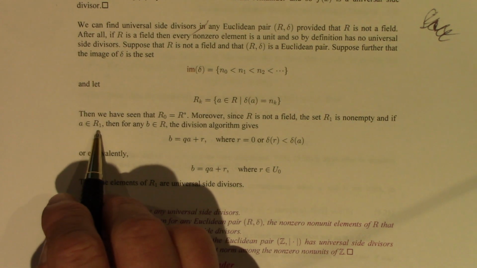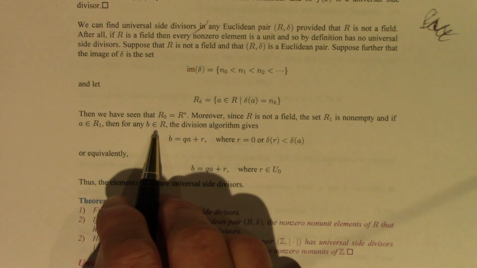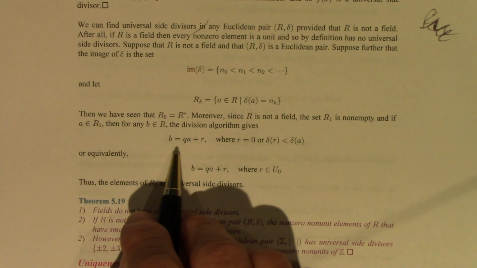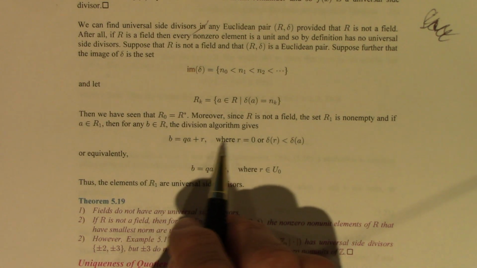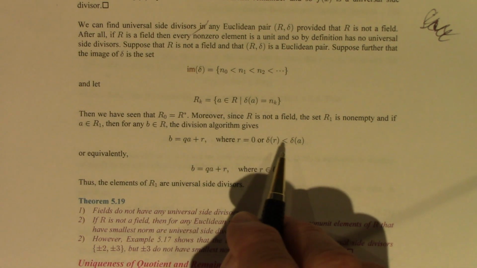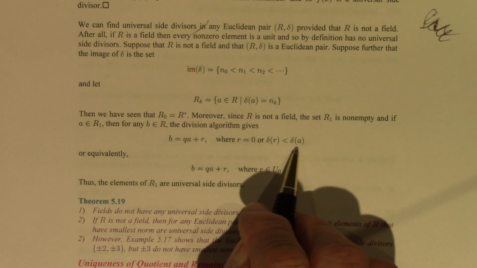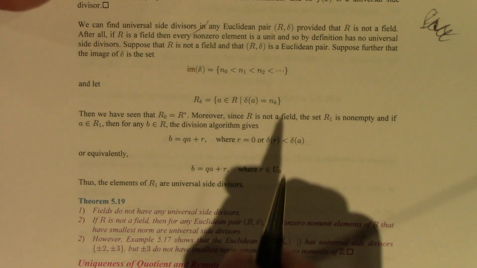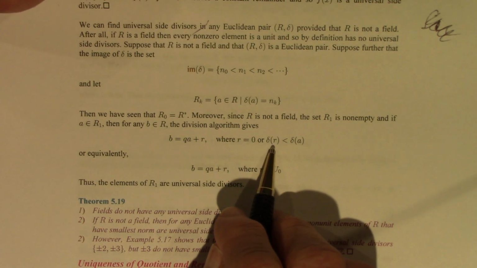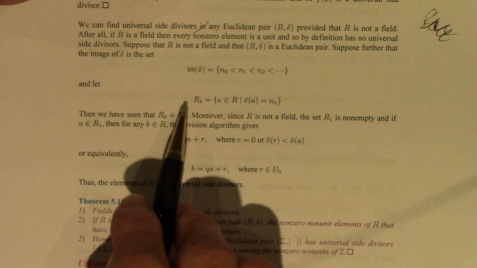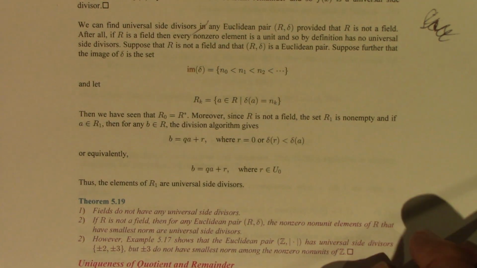And if A is in R1, then for any B in R, the division algorithm tells us that the remainder is 0 or has norm less than the norm of A. Or in other words, the remainder is 0 or it belongs to R naught, it's a unit.